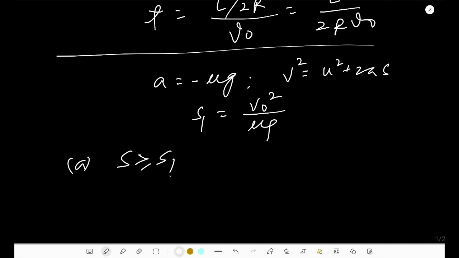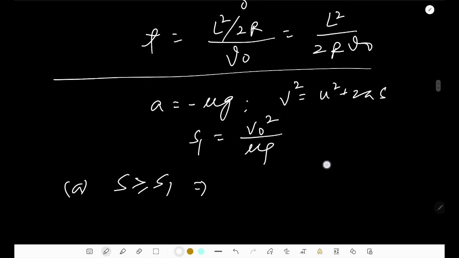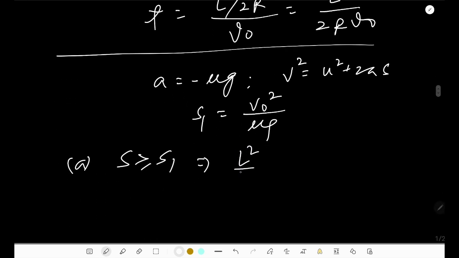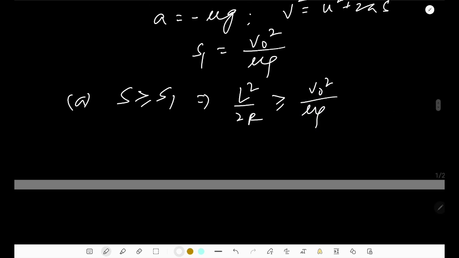That means s is greater than s1, we have written something like s equals l square upon 2r, and this is greater than s1, that is v naught square by 2 mu g. So you can write here that v naught is less than or equal to l under root mu g upon 2r.